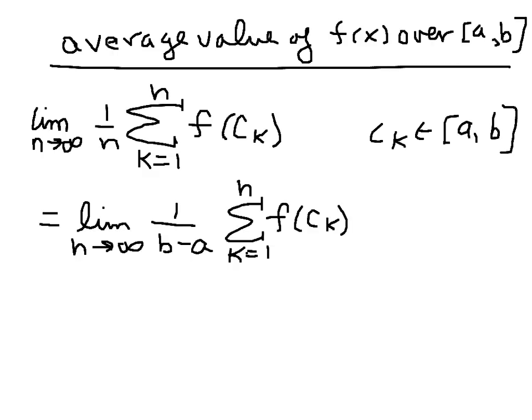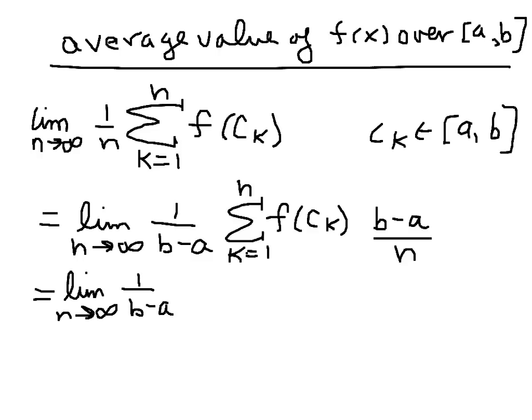Okay, now I'm going to get rid of that 1 over b minus a by multiplying by b minus a. And remember, we had this 1 over n here. Well, I'm simply going to write it there. Okay, so let's see if we can get this to fit. Limit as n goes to infinity of 1 over b minus a, which really doesn't depend upon n, times this sum as k goes from 1 to n of f of c sub k.